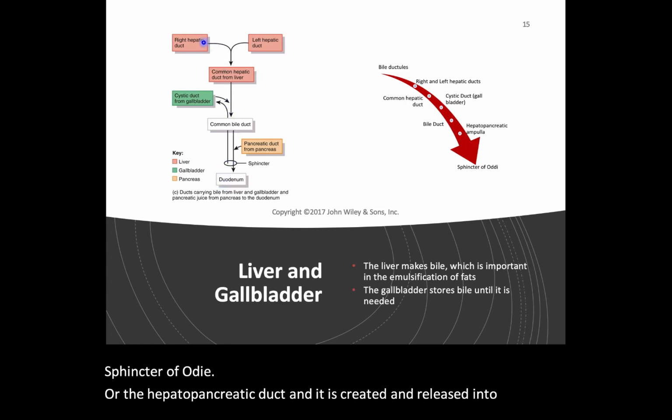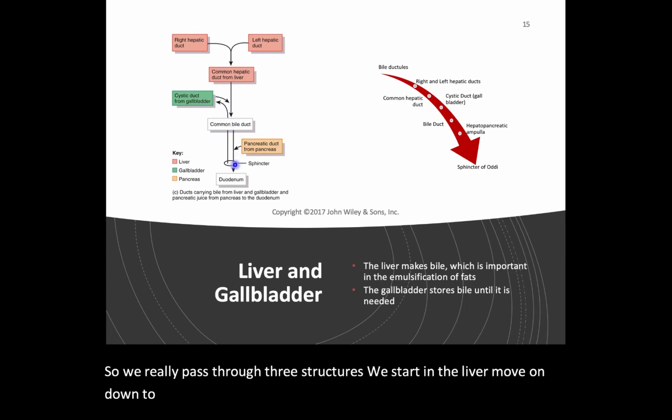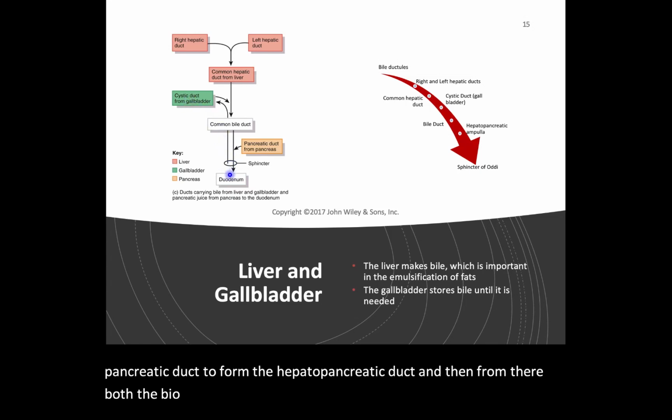So we really pass through three structures. We start in the liver, move down to the gallbladder, and then the bile merges with the pancreatic duct to form the hepatopancreatic duct. From there, both the bile and pancreatic juice can be secreted into the duodenum.